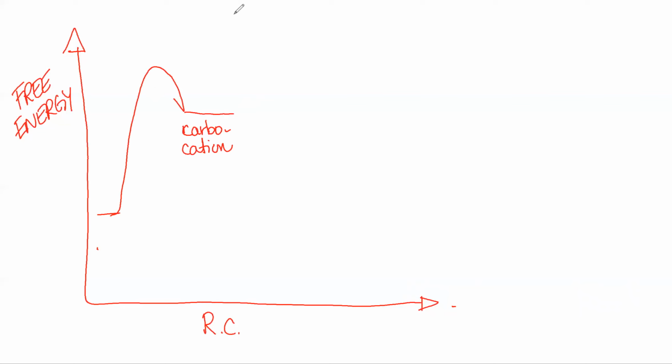Now, from this point, there's two departures that we've got. So the kinetic product would be something like this. So this energy diagram, this little hump here, this delta G dagger, and I'll put kinetic here, is going to be a low energy barrier.